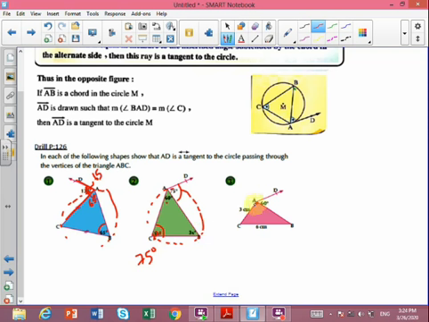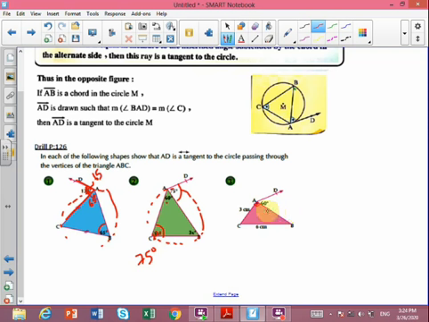Here I have angle A 90, angle DAB 60, and I have AC 3 centimeters, CB 6 centimeters. Here you have to remember a very important theorem that you studied in grade 8: in a right angle triangle, the side opposite to the 30 degree angle has half the length of the hypotenuse.